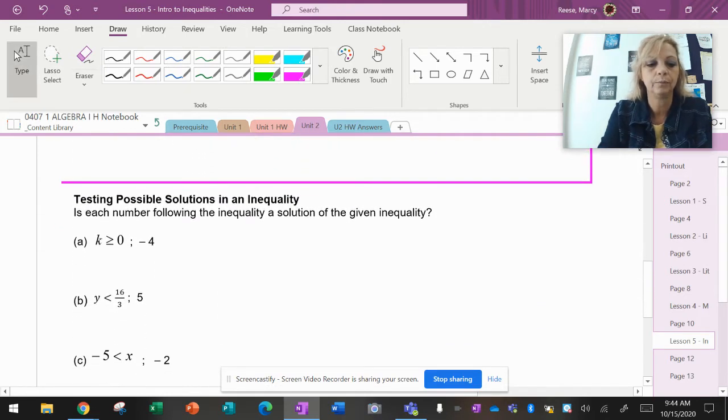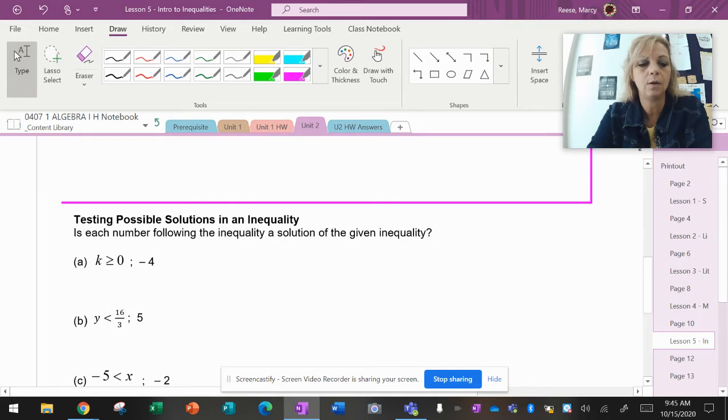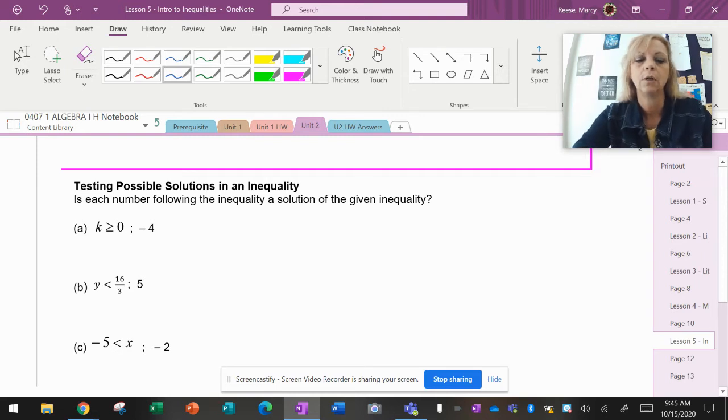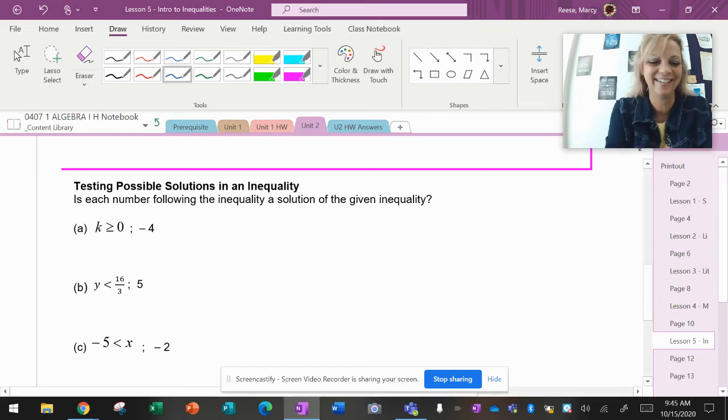All right, so when we're going to test these to start with, just to make sure that you have these. It says testing possible solutions of an inequality. Is each number following the inequality a solution of the given inequality? This is Reese's challenge with that reading today.